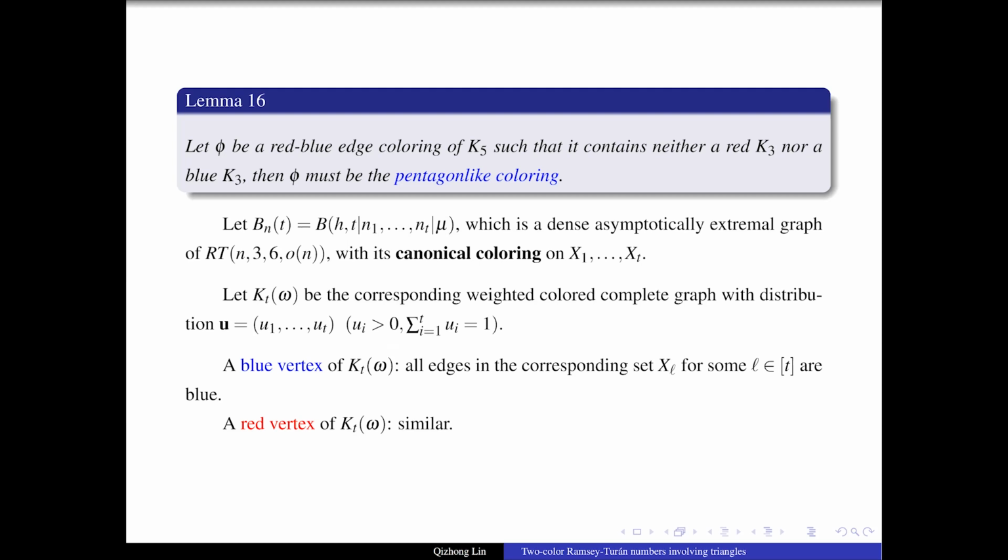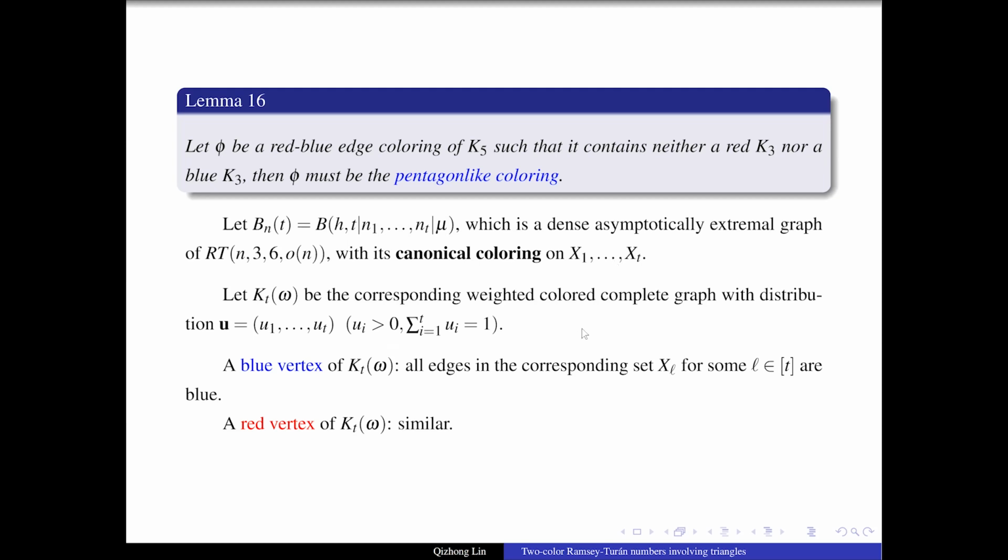To show the upper bound of the density ϱ(3,6), we may assume that the generalized Balabas-Erdős graph BNT is the corresponding dense asymptotically extremal graph with this canonical coloring on t classes.